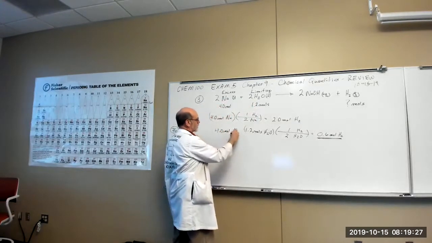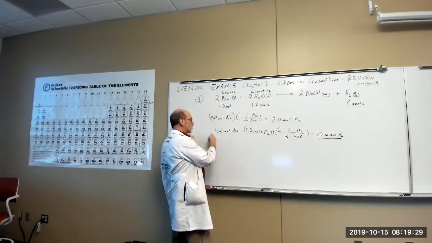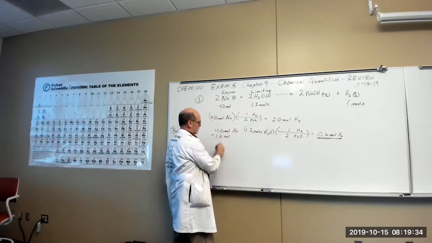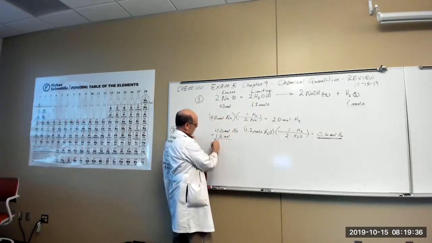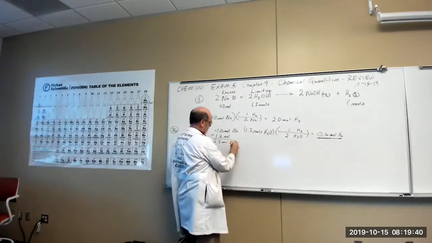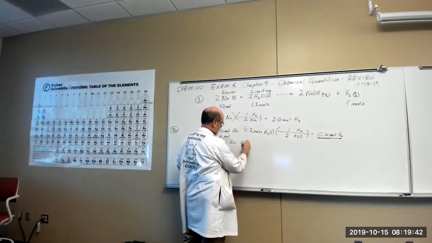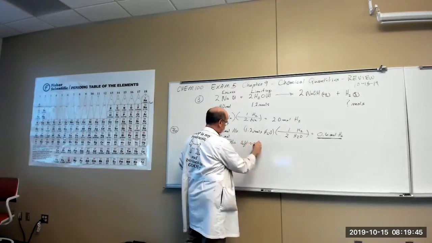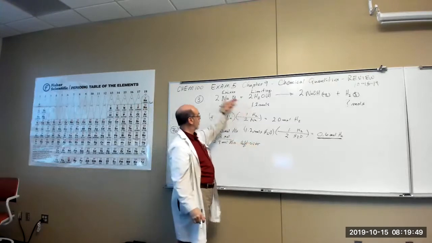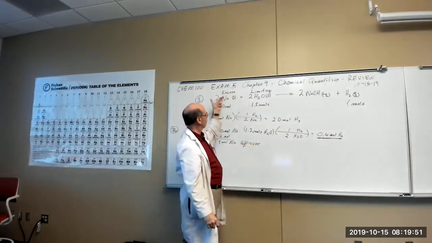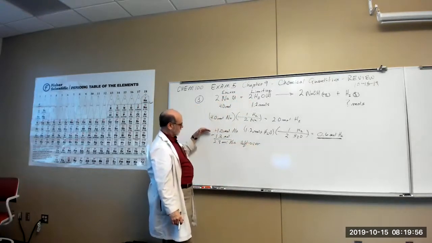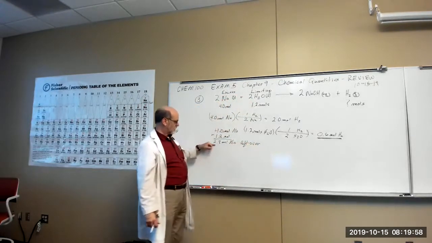So you got that many sodium to start with, but you're going to use up 1.2 moles. So you're going to have 2.8 moles of sodium left over. Right? It's 1-to-1. So this is excess. You're going to leave that much behind.